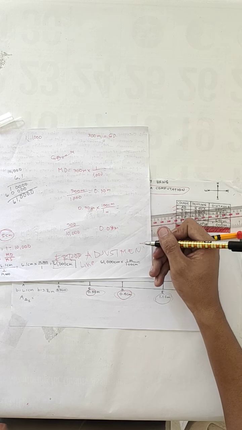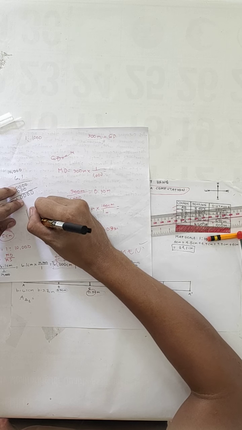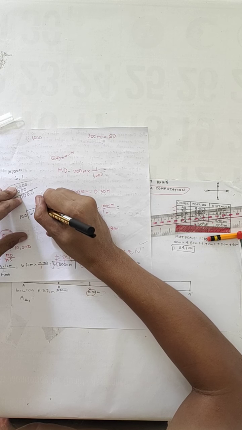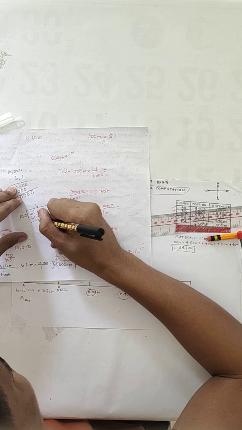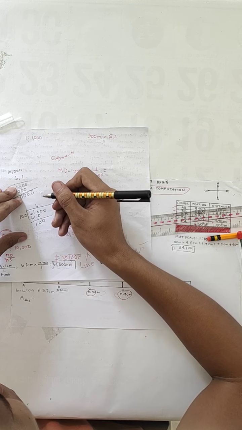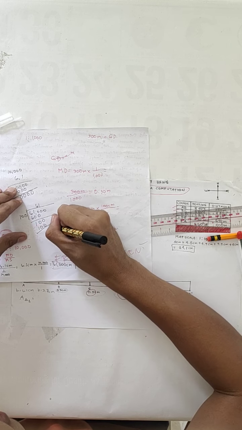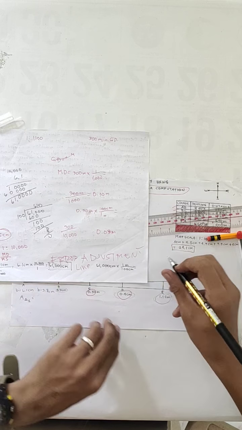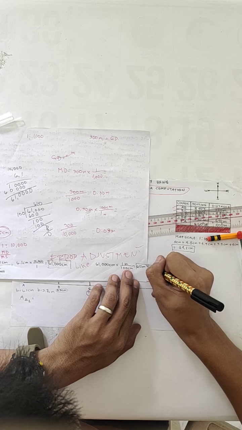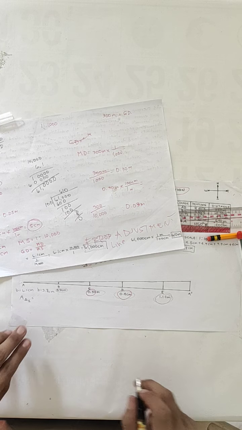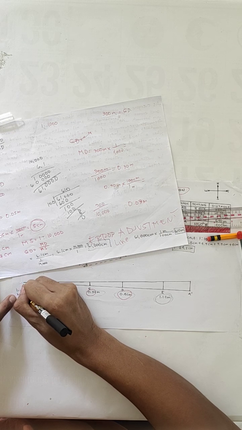So 61,000 divided by 100 is 610 meters. So our base is 610 meters. B is equal to 610 meters.